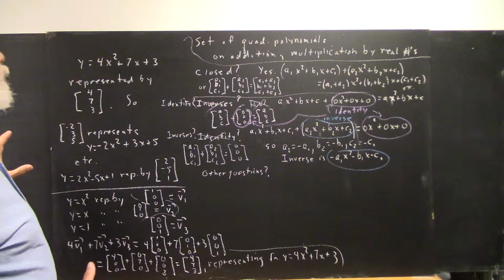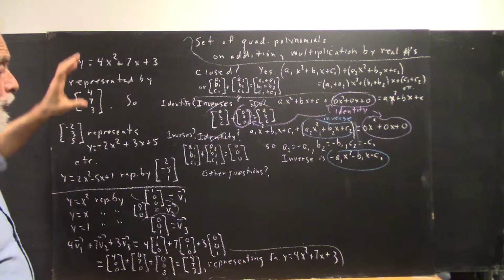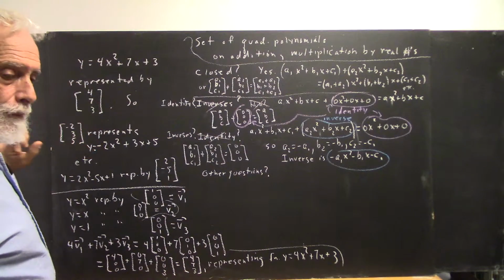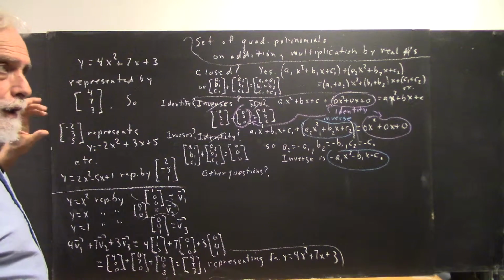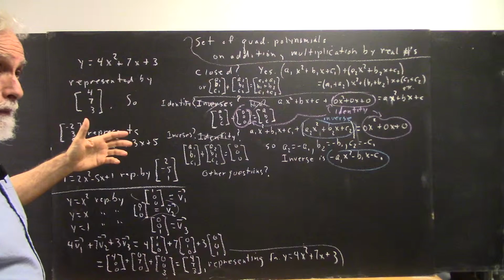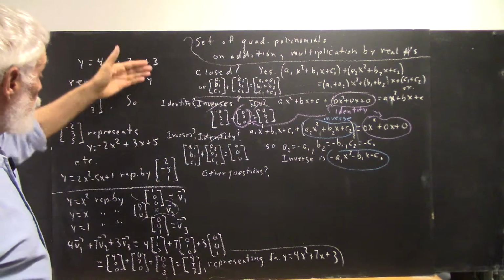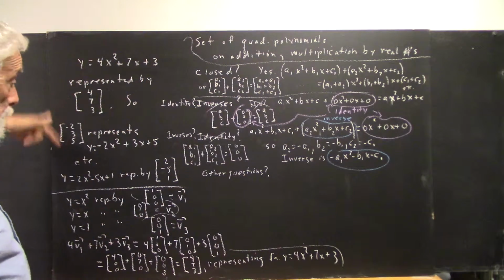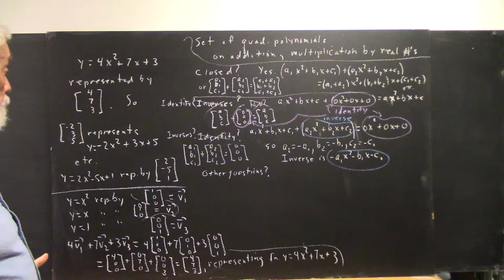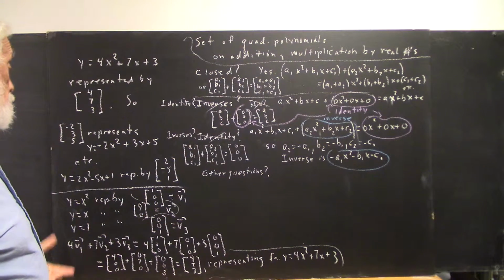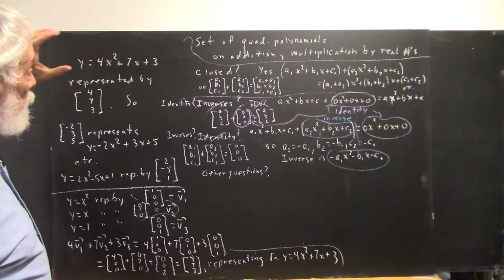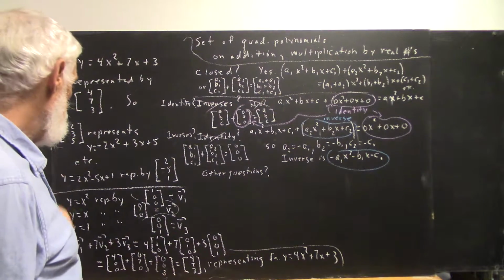So we are beginning to suspect that these functions constitute a vector space because every one of these functions can be represented by a column vector. We just have to check a few of the properties, okay, and we're going to get to that.